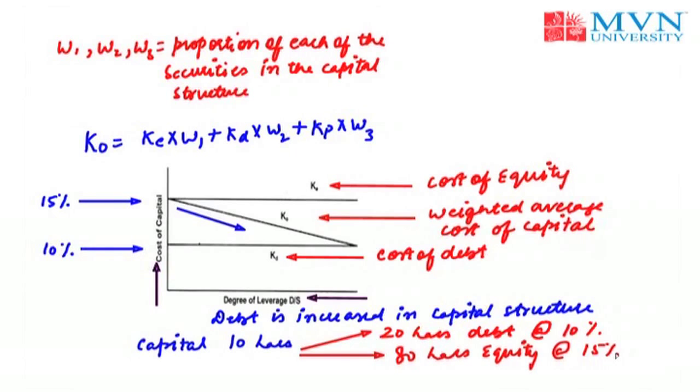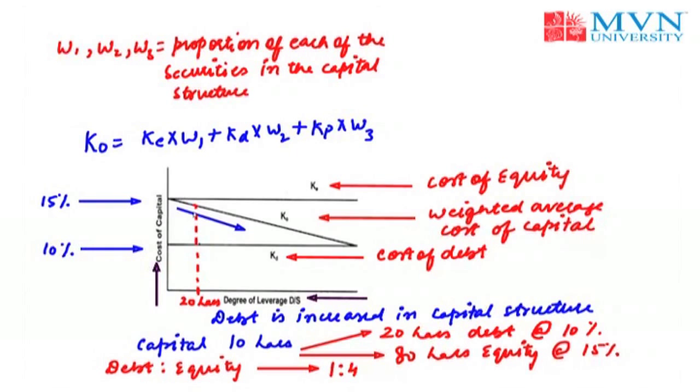At this point of time, you can easily see that the degree of leverage in this kind of organization is a bit less and the ratio of debt and equity is 1:4. Suppose in this model we are standing at this point where the degree of leverage is 20 lakhs. By looking at the model, you can easily see that at this point of time, the weighted average cost of capital had started to decline.